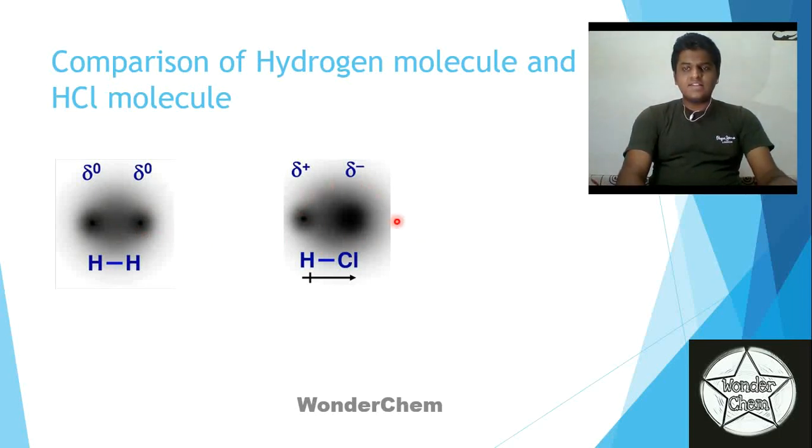Whereas in this HCl molecule, the electron density is varied. The electron density is more towards the chlorine atom, less near hydrogen. This is because the electrons are pulled more towards chlorine than hydrogen. So chlorine, being more electronegative, tends to pull the shared pair of electrons more towards itself.